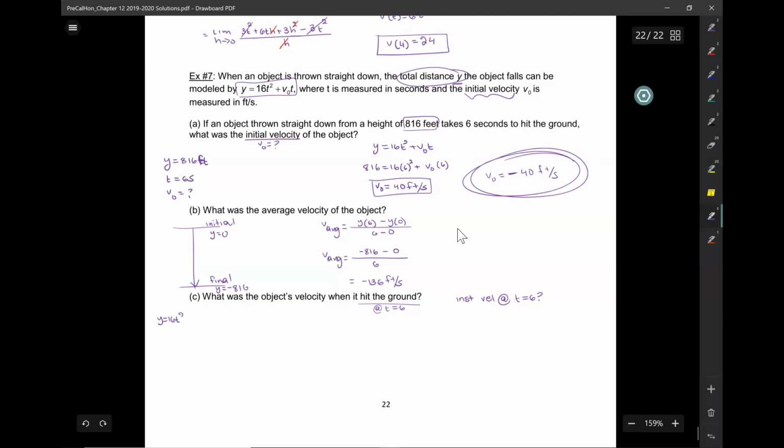It's 16t squared plus v naught t. So what we want here is the limit as h approaches 0 of y of t plus h minus y of t all over h.